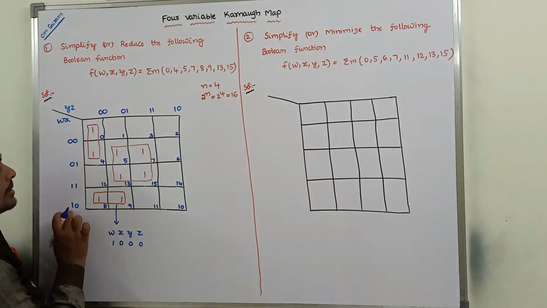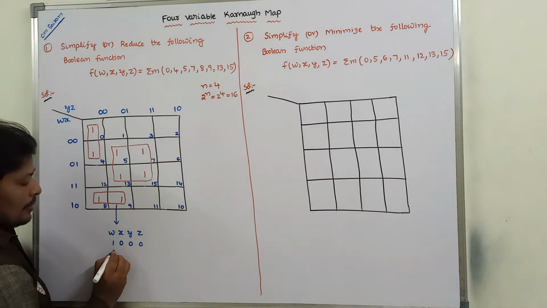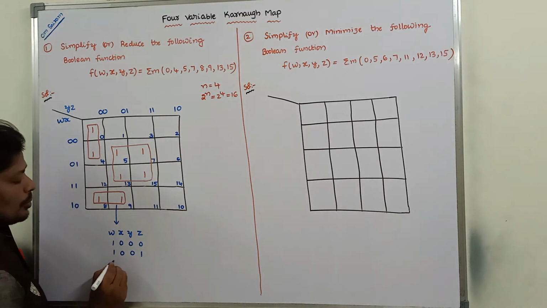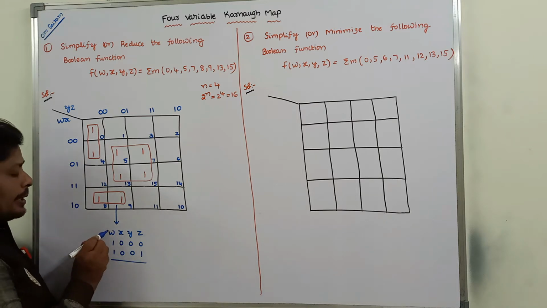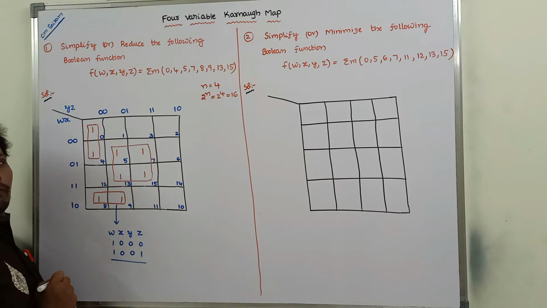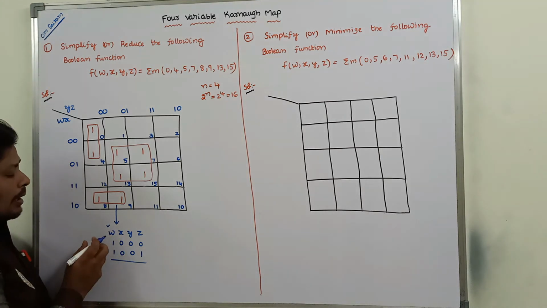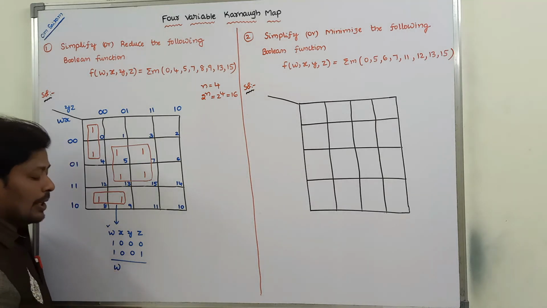Next, this one means 1 0 column wise 0 1, that is 1 0 0 1. Now what is the expression we are getting? Under the W column all are ones, so we consider that column. In that column the W value is 1, so we write W.